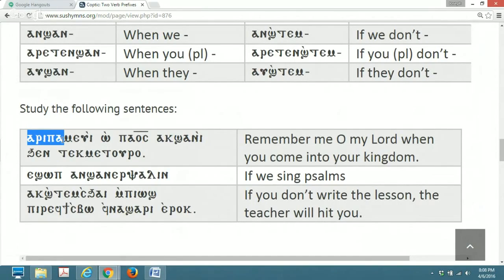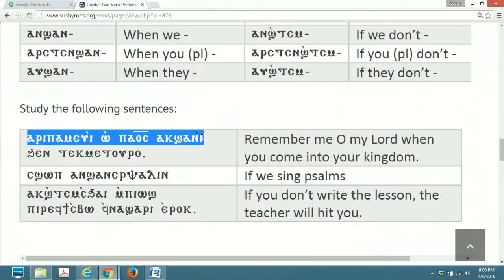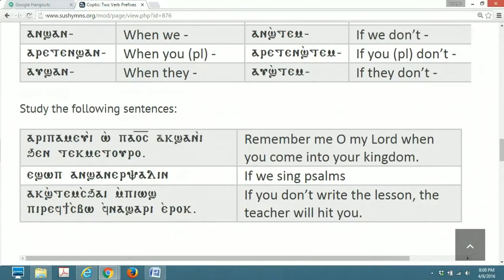So make my thought, O my Lord, upon the condition of you coming into your kingdom. So in other words, also say when or if. Ishok anshan irab salim. Whenever we sing psalms.